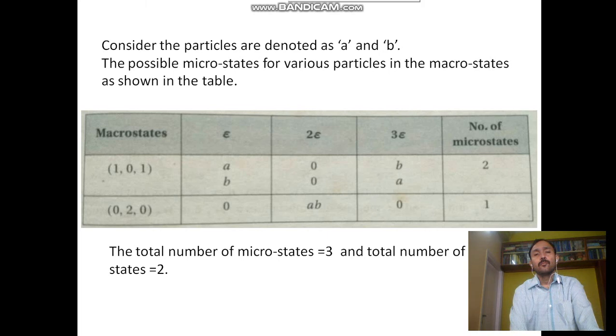So for two distinguishable particles A and B, for macrostate 101 the number of microstates is 2, and for macrostate 020 the number of microstates is 1. So in our example, the total number of microstates is 3 and the total number of macrostates is 2.